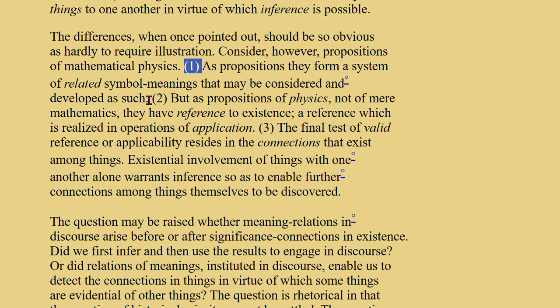You develop physical ideas, the ideas of physics. You explore them, develop potential hypotheses about how those ideas are related to existence, but you don't need to observe anything at that point. You can just explore the system of physics-based symbols, right?